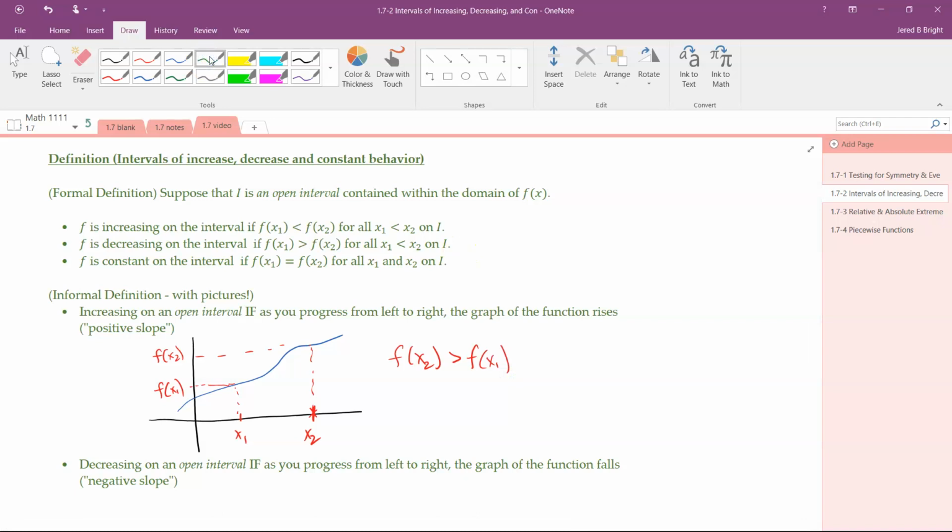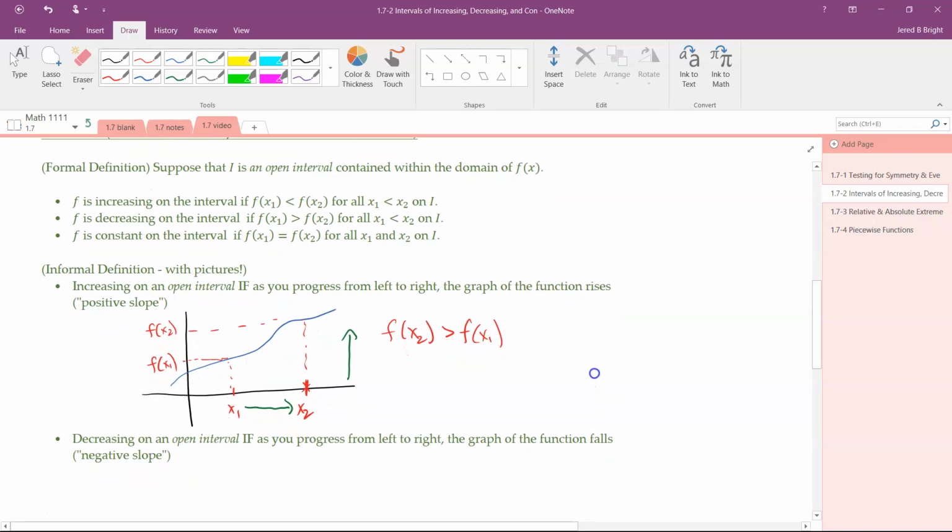Informally, the idea here is that as you progress to the right, you are rising vertically. That's all. Another way students sometimes like to think of it is, on this region you have quote-unquote positive slope, but again, slope is associated with linear functions, and we don't always have a linear function, but sometimes it helps students to think, oh, where's the slope positive?